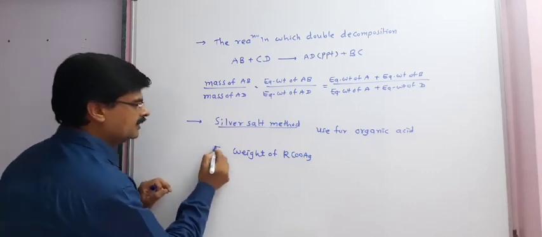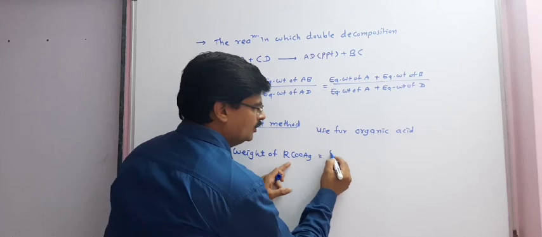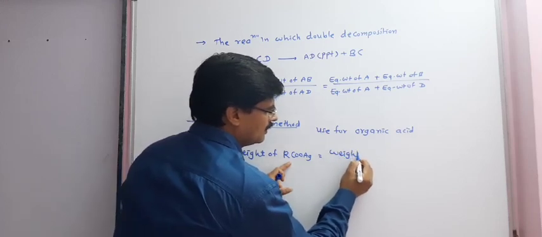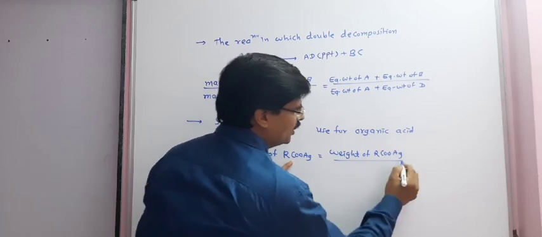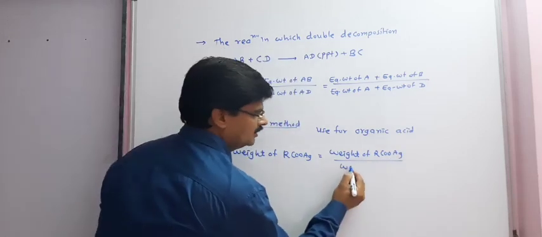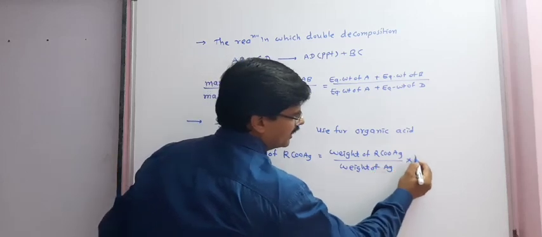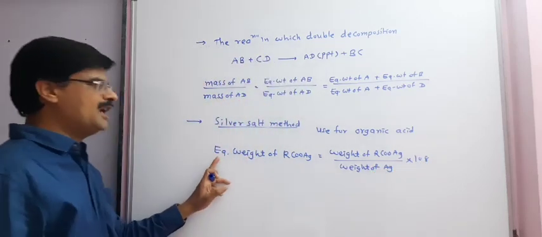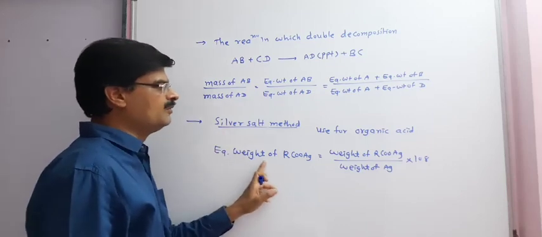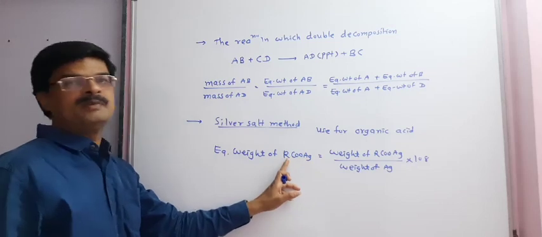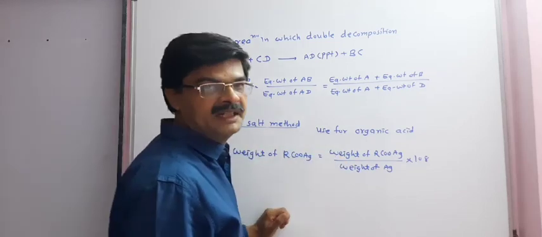Equivalent weight of RCOOAg is equal to weight of RCOOAg upon weight of silver into 108. By using this simple formula, we can find out the equivalent weight of the silver salt of any acid, which means we can find out the equivalent weight of the organic acid.